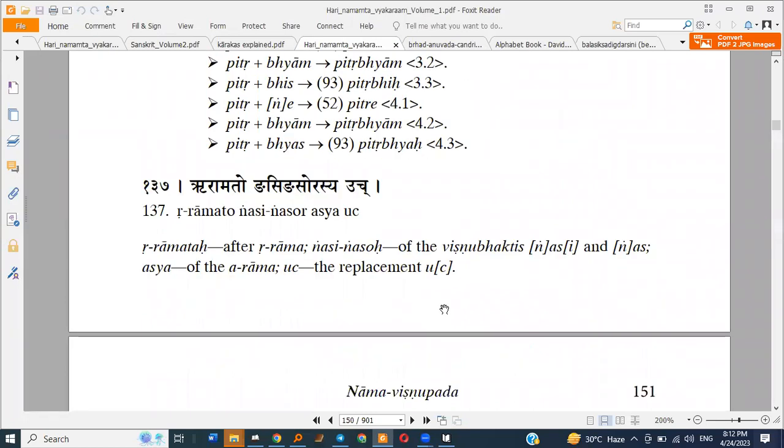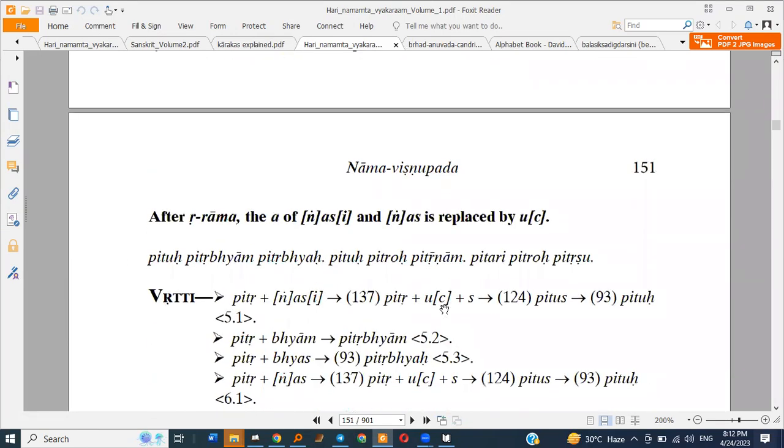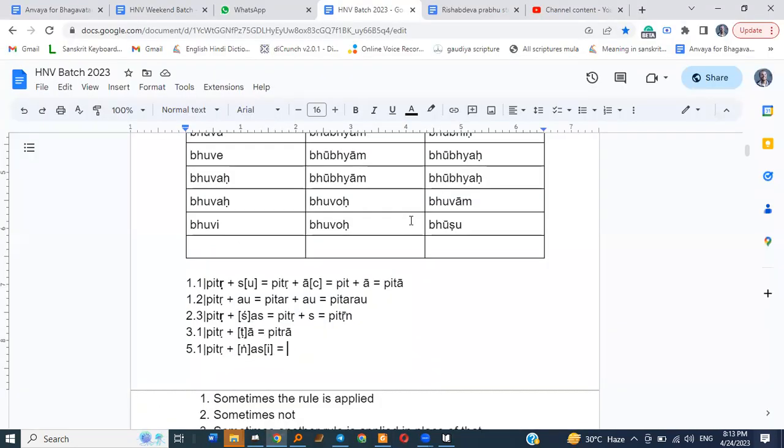Ri Ramato Nasingaso Rasyauch, Sutra 137, which says, after Ri Rama, the of Nasi and Nas is replaced by Uch, right? I'm removing the indicator letters from the pratyaya. So the of this Nasi becomes Uch. And of course, Sa is there.